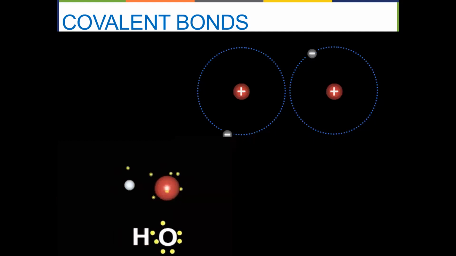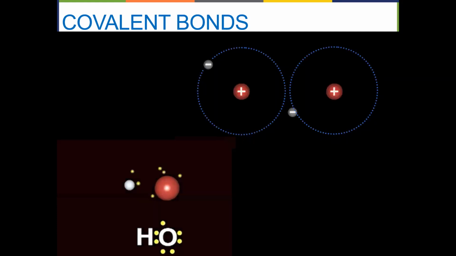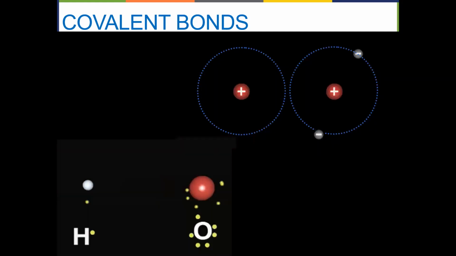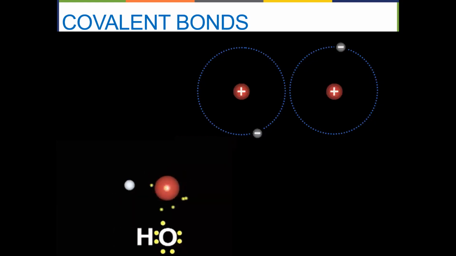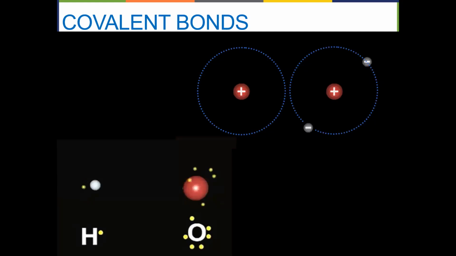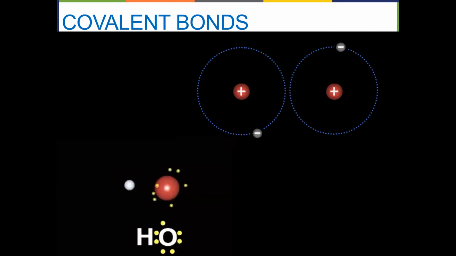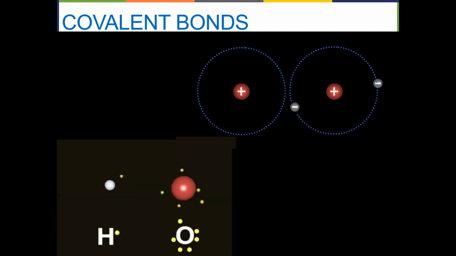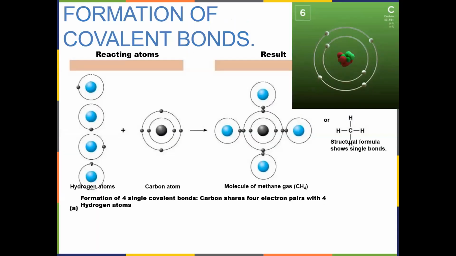You're technically not adding any electrons or taking any away because you're sharing. And so the valence shells become full briefly, on and off, again and again and again.